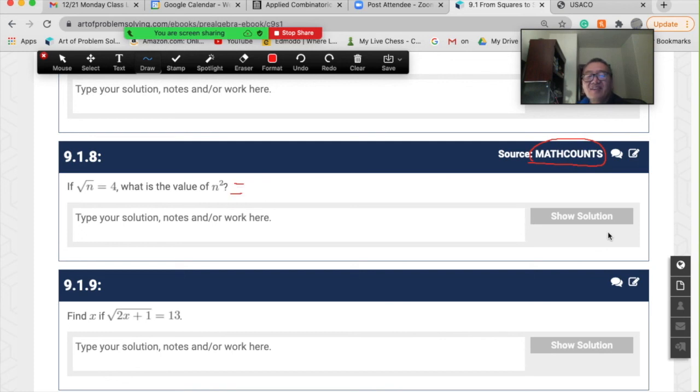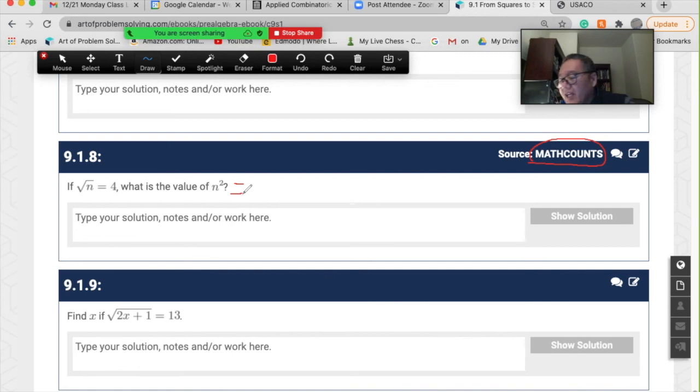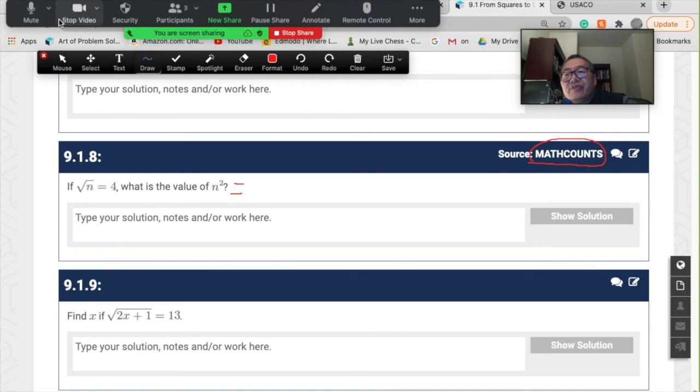What kind of problems are they? Are they just word problems, and you just write a number answer or an equation? Yeah, they have this kind of problem, but most problems are word problems. I can show you. Solve this one first. Then you can Google MathCounts. I can show you.